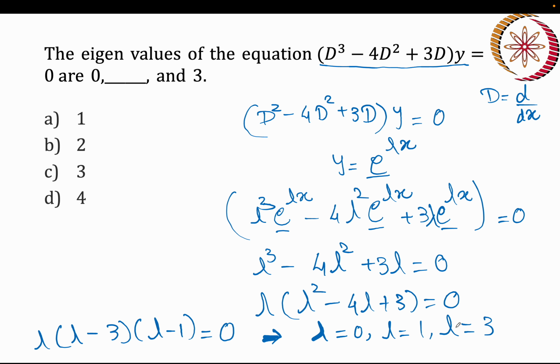These are the values that will satisfy this equation. The 0 and 3 are already given, so the only root that is not given is 1. So this is the correct answer. Okay, so we will go to the next question. I hope this was clear.